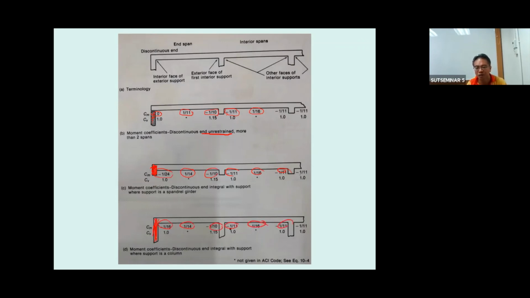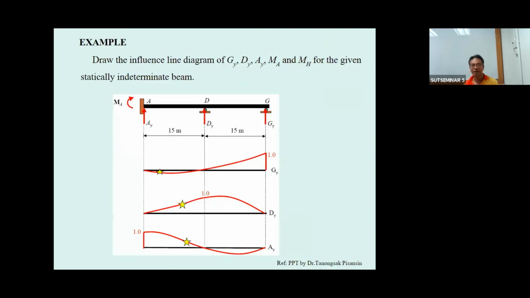Then you can use these coefficients in the analysis of reinforced concrete beams by the ACI. Next, I have a more comprehensive example than this one, but for this one I'd like to give you an example to work on.